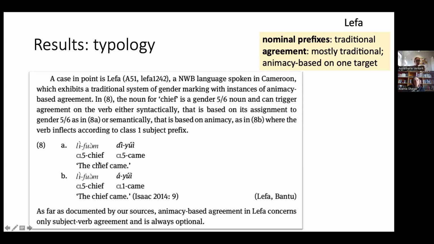It's a noun for chief. It can take the class 5 marker, right? This is syntactic agreement. But optionally, it can also take the class 1 marker, which would be animacy-based agreement. And this only happens for verbs in Lefa and is always optional, right? So there's some animacy-based agreement, but it's very limited.